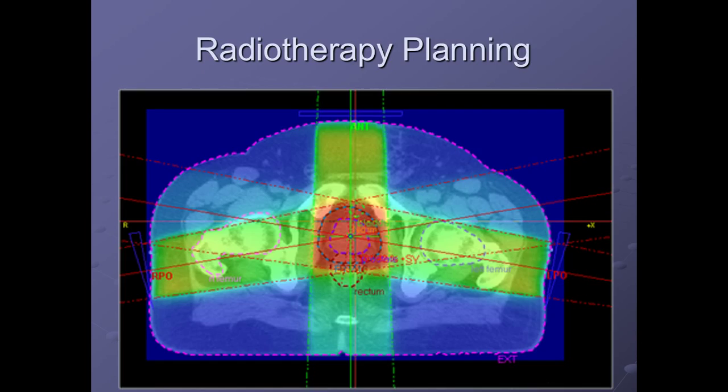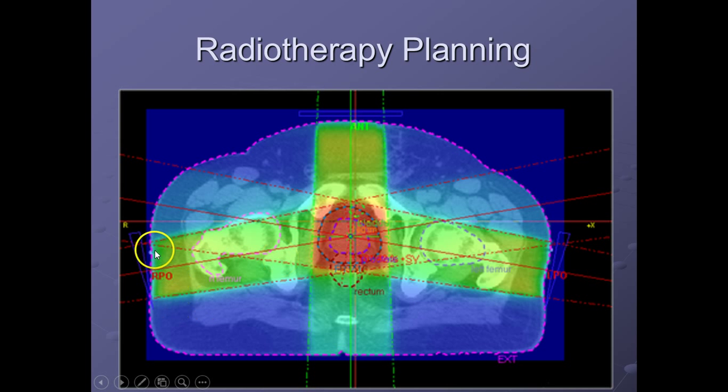Just a note as well on radiotherapy that it's not just the fractionation that causes the healthy tissues to be at lower risk than the tumour, and it's not just the radiosensitivity of the tumour as well. It's also done via planning, which is where the beams of radiation are placed through the tissue, avoiding highly radiosensitive organs, but also layering up.